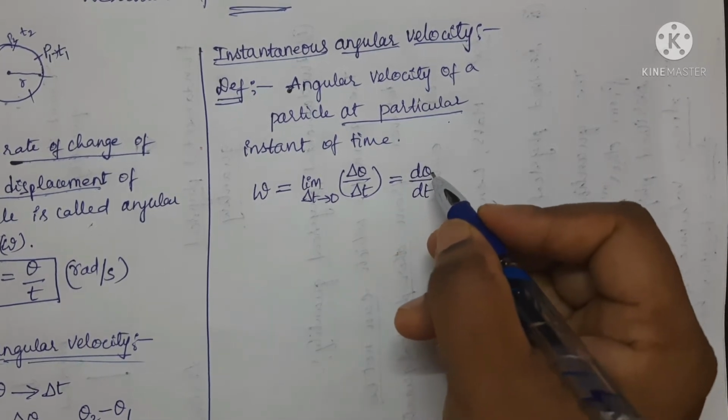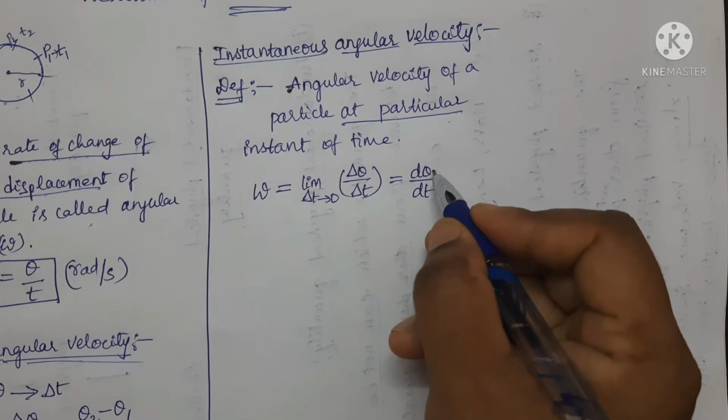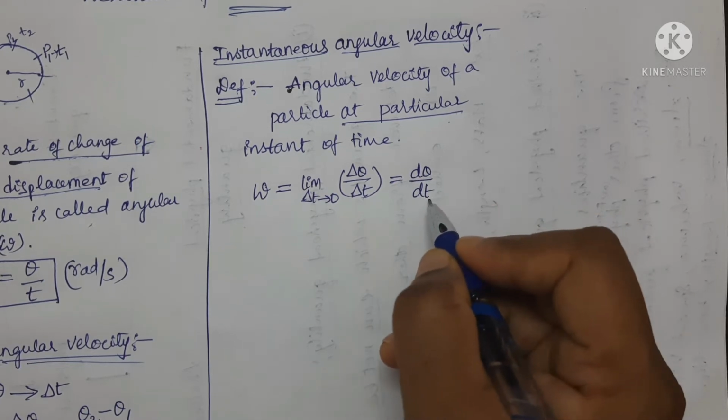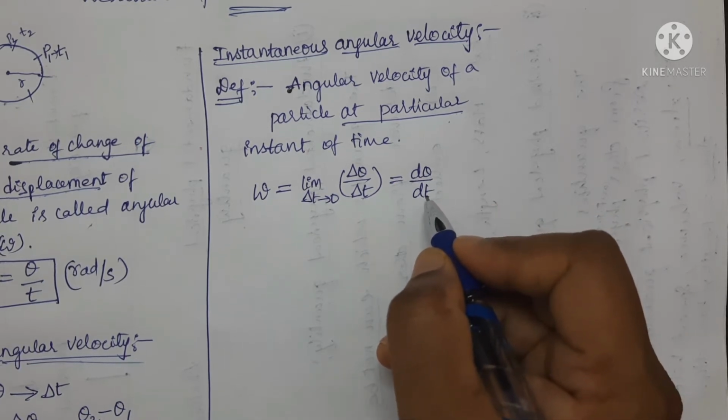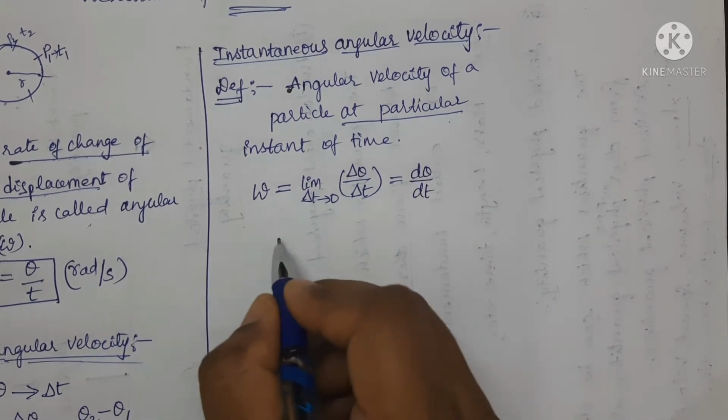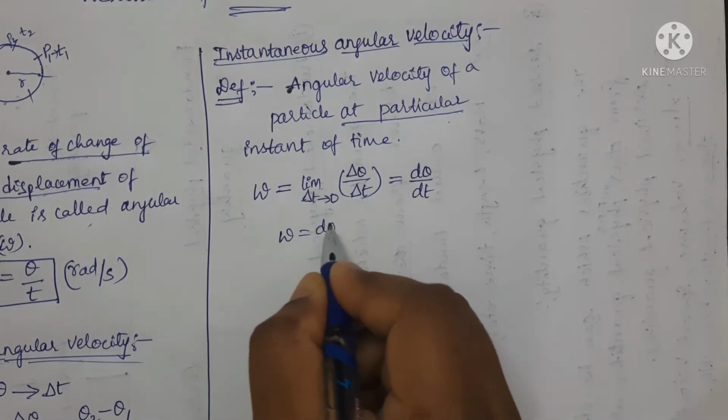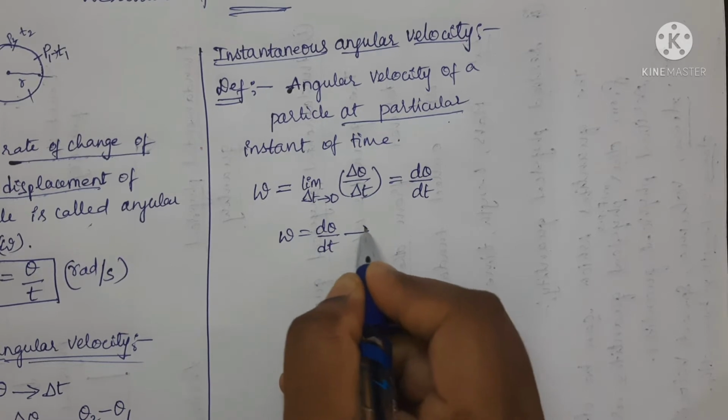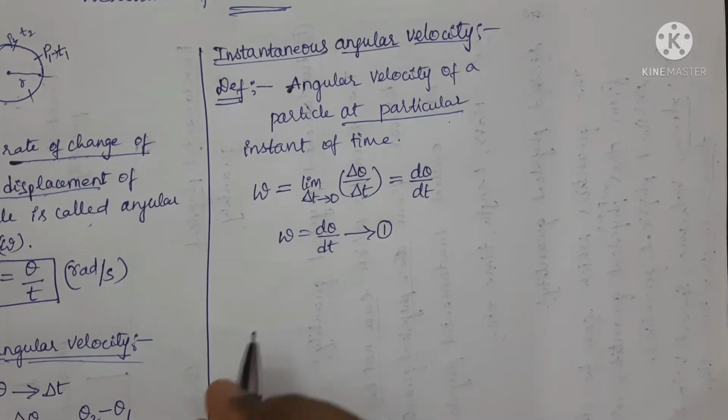That means differentiation of angular displacement with respect to time gives the instantaneous angular velocity. Omega is equal to d theta by dt. Let it be equation number 1.